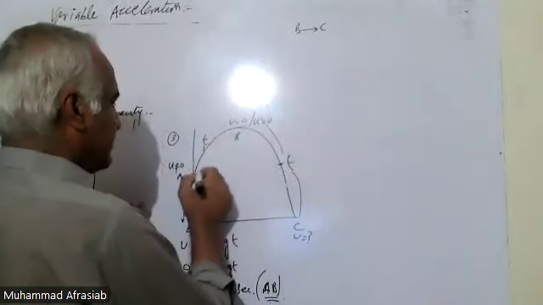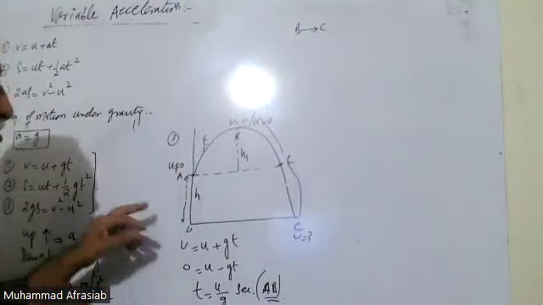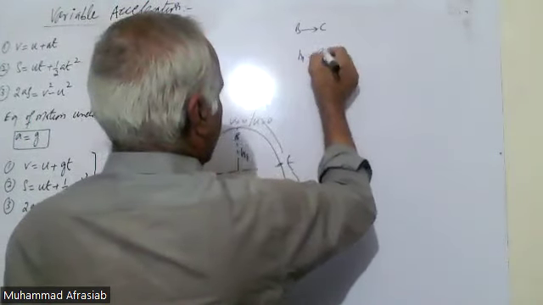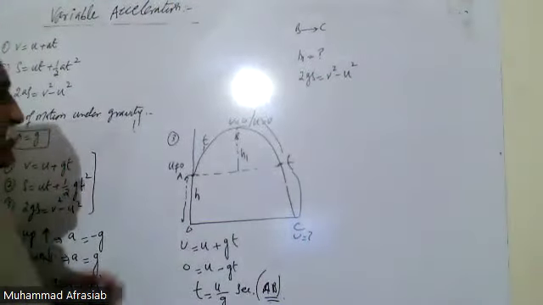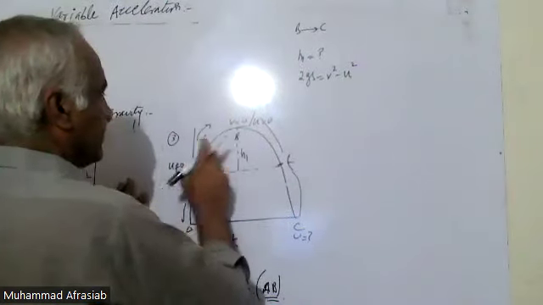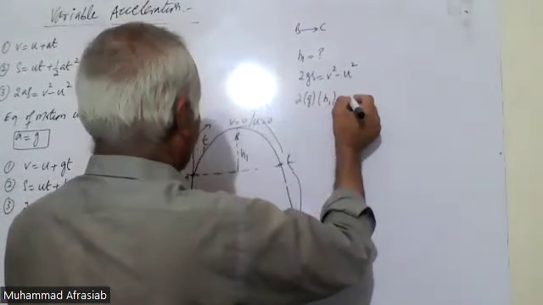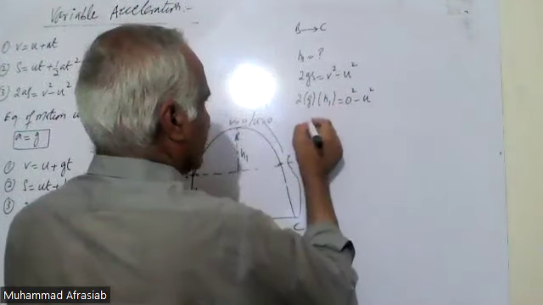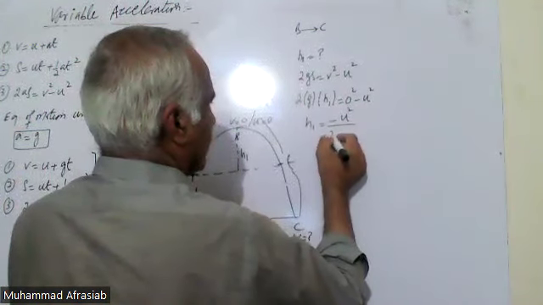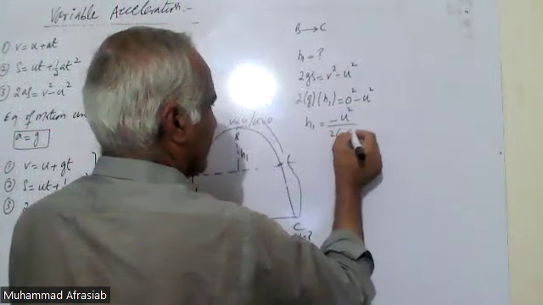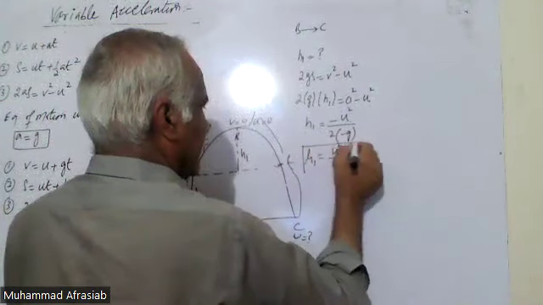First we calculate the height h1 using 2gs = v² − u², because it is moving upward from A to B. So 2 × (−g) × h1 = 0² − u², so h1 = u²/2g is the height h1 for that particle.